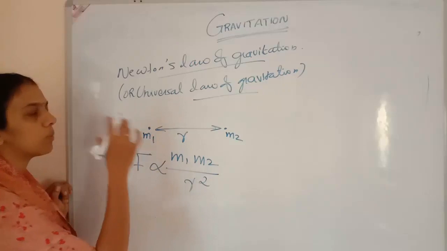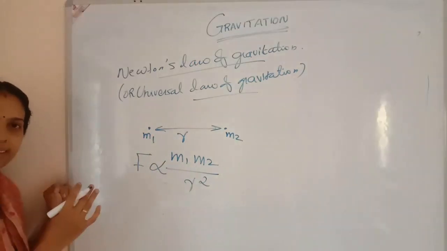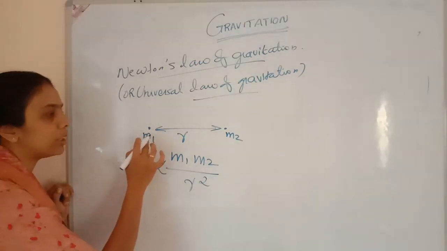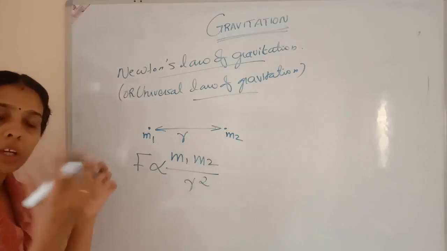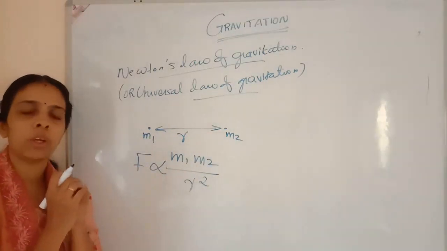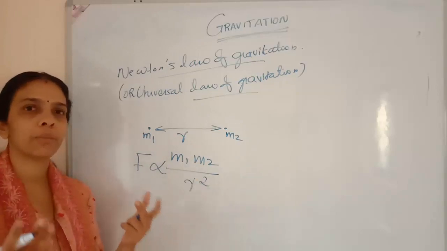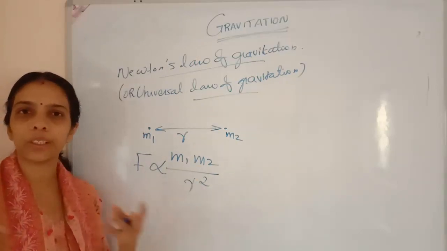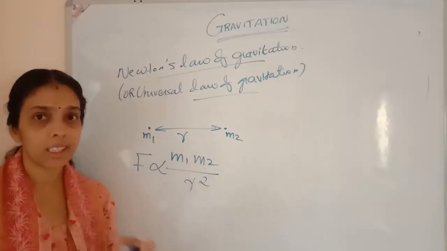So the universal law of gravitation is about the force acting between two objects; we are talking about the gravitational force. Usually, gravitation means we always relate it with the Earth's force of attraction.